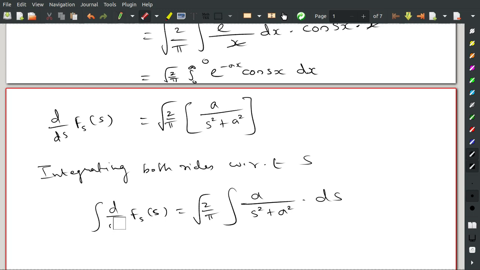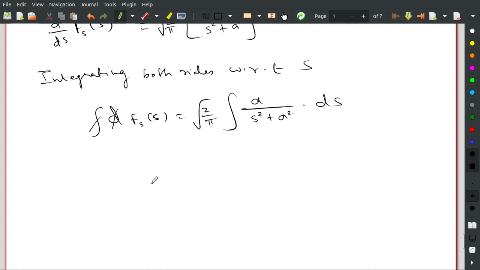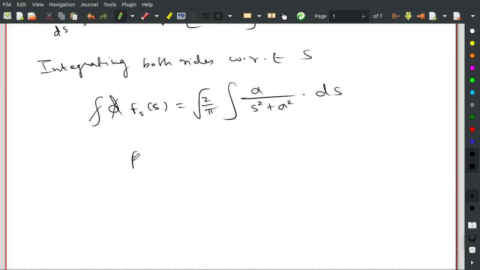This integral and this differentiation get cancelled out, so we end up with the Fourier sine transform equals root of 2 by pi, and this is again a standard integral, whose value is tan inverse of s by a.